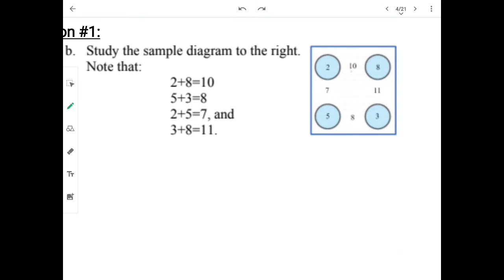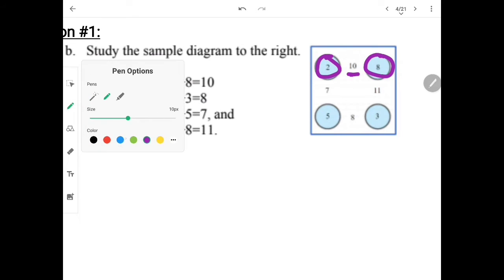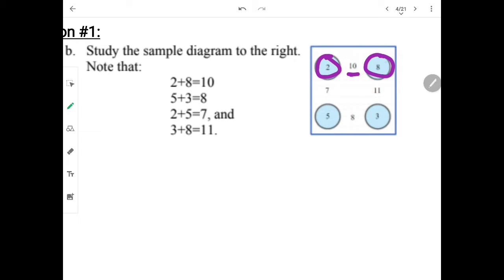If we study the sample diagram to the right, we'll begin to notice that 2 and 8 are going to be equivalent to 10. We will notice that 8 and 3 will be equivalent to 11.